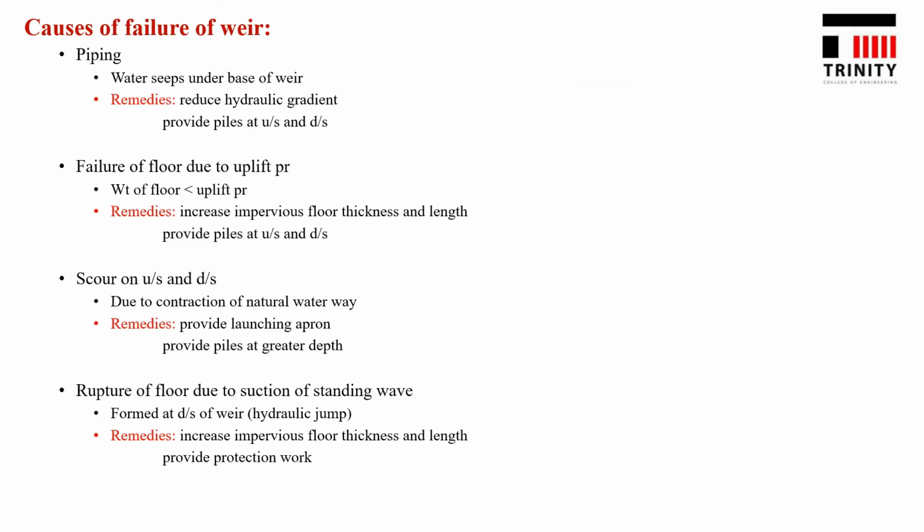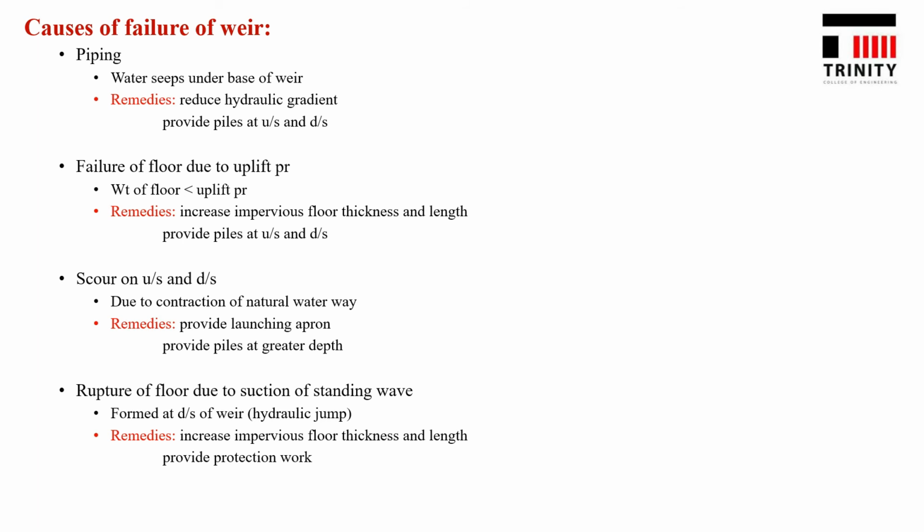Now, what are the causes of failure of a weir? The main causes are piping, failure of floor due to uplift, scour on upstream and downstream, and rupture of floor due to suction of standing wave. Now, what is piping? Piping means water seeps under the base of a weir founded on permeable soil, so grains get detached and transported away.